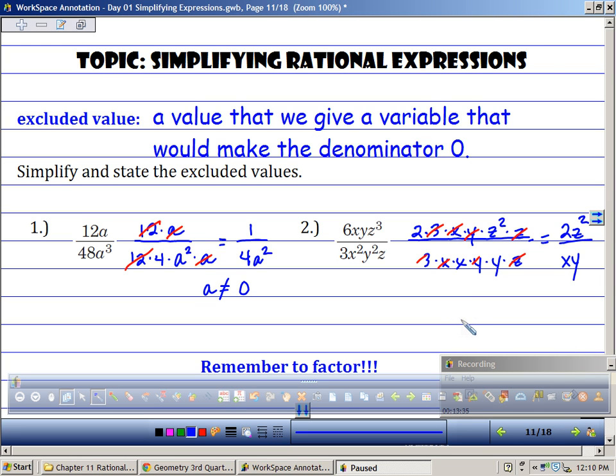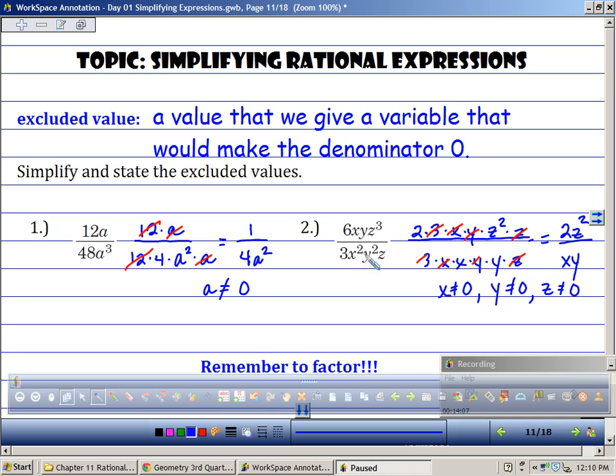Raise your hand. Good now. Okay. Giovanni. X cannot equal 0. Y cannot equal 0. What else? Why z as well? Anthony, why do I have to include z?